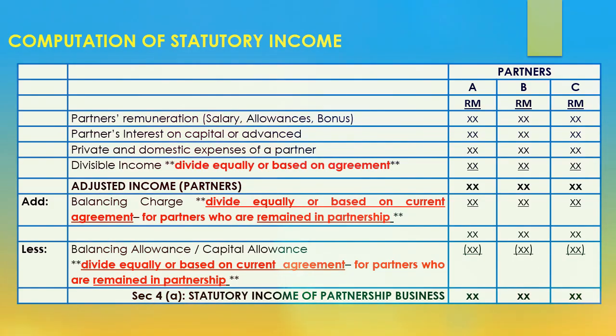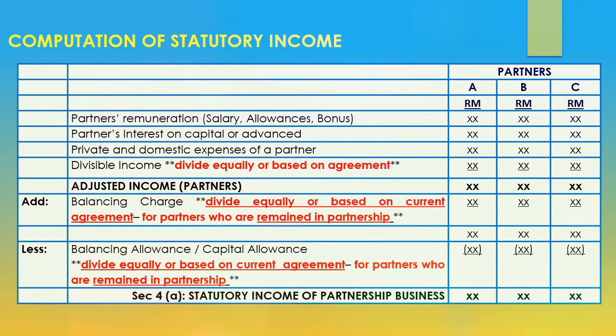Okay, so this is the part where you need to compute the statutory income for each partner. What I mean is each partner. Look here, each partner. So if the partnership has 10 members, there will be A, B, C, D, E until 10 members.